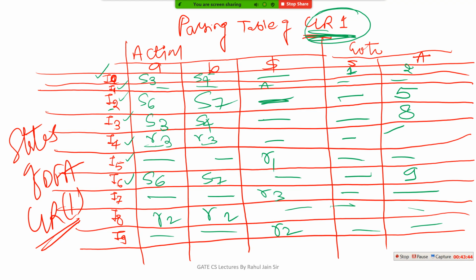Okay, guys, it feels good that you are understanding the concepts, and it will be really helpful for you in the upcoming GATE exam, because you may face such questions, and if it is asked whether the grammar is CLR1 or not, you can answer by this procedure. Manjit is asking how R3 is reduced. R3 is reduced here in I4 and I7 on the look aheads of it, guys.